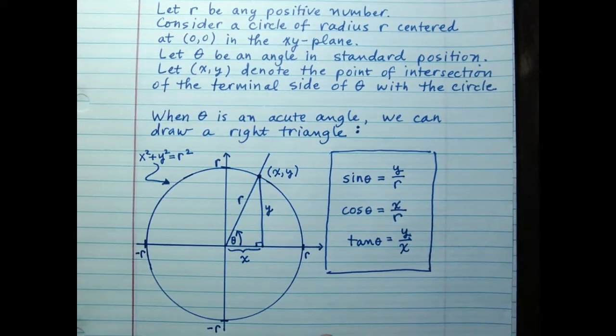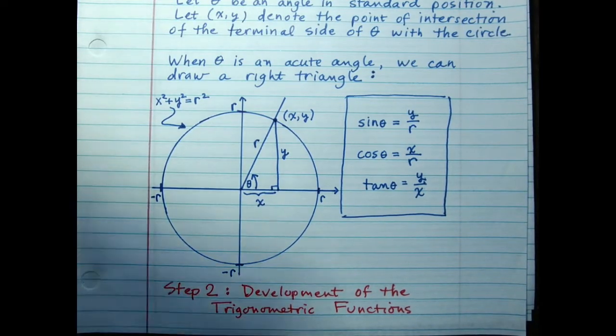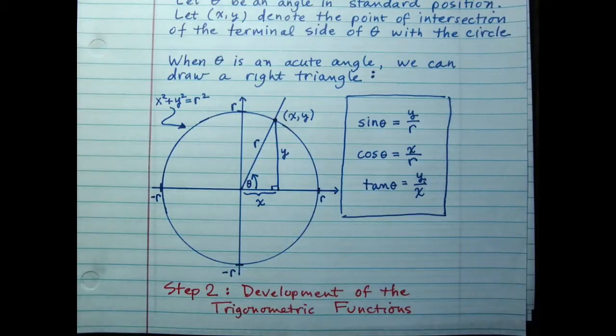And this is actually step 2 in our development of the trigonometric functions. So remember from one of our first videos, I outlined 4 steps. And here we are, finally, at our second step.